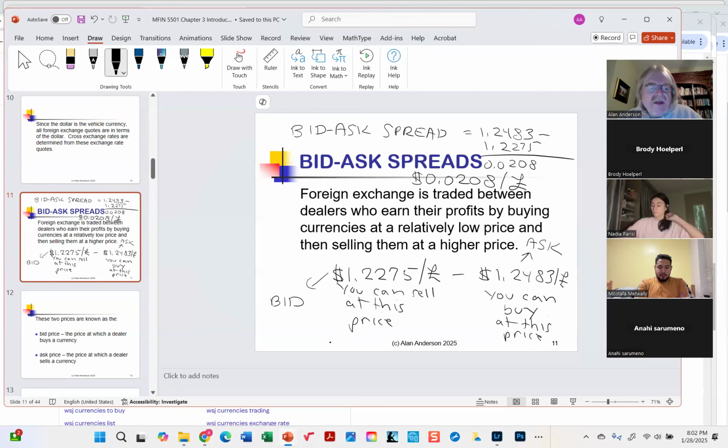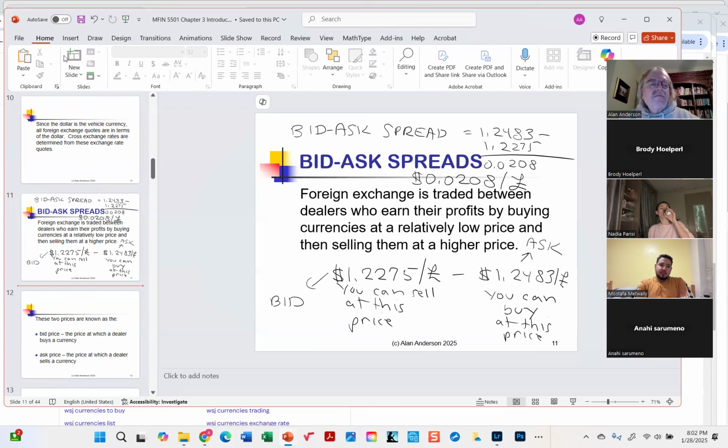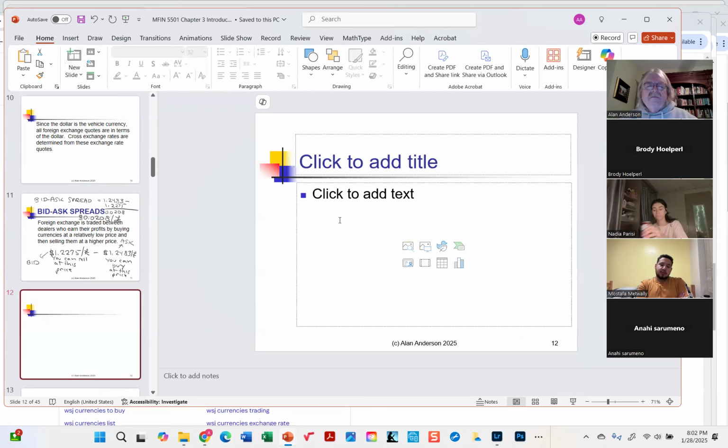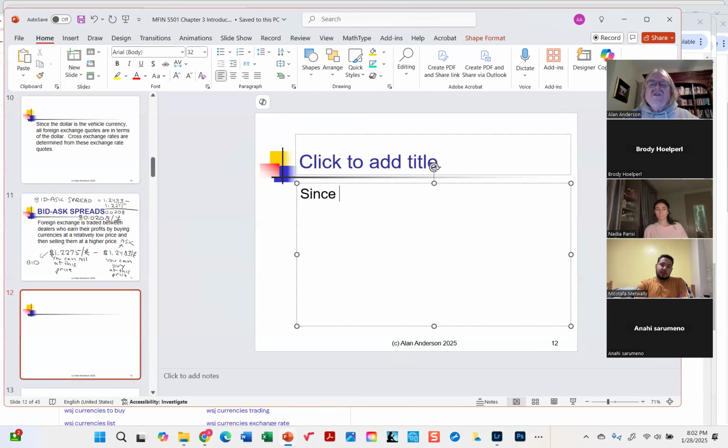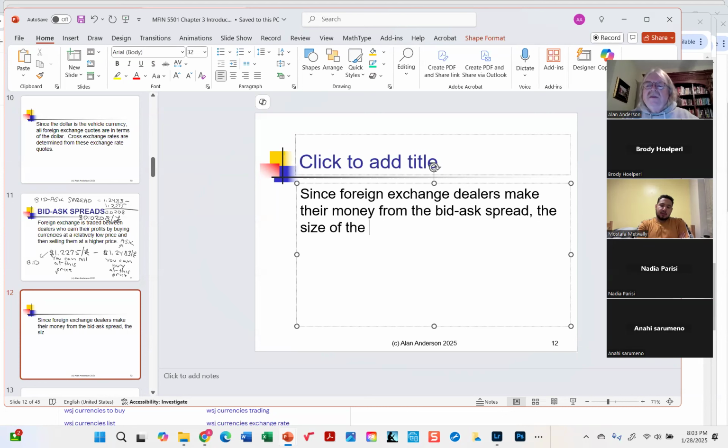So the interesting part here is this: the size of this spread. Since foreign exchange dealers make their money from the bid-ask spread, the size of the spread depends on the size of the transaction.